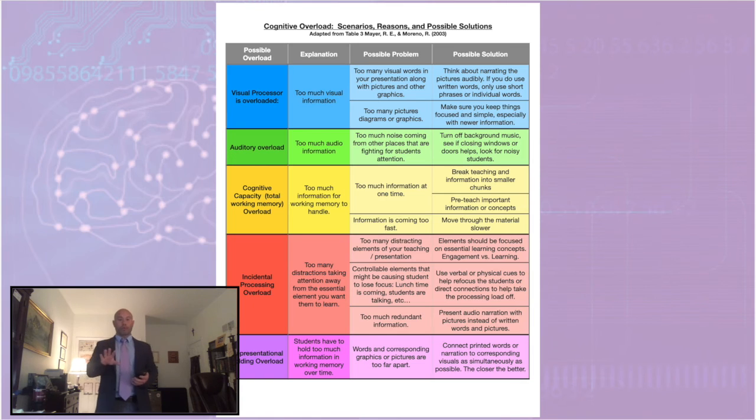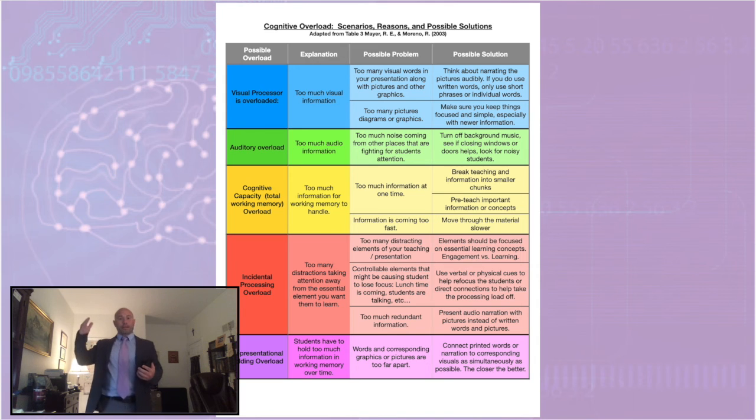On your table, in your packet, this next chart has been made up from the research I did on these topics. And the way it's set up is there's possible overloads that a student could experience, and then the explanation of what those overloads are when you're teaching.